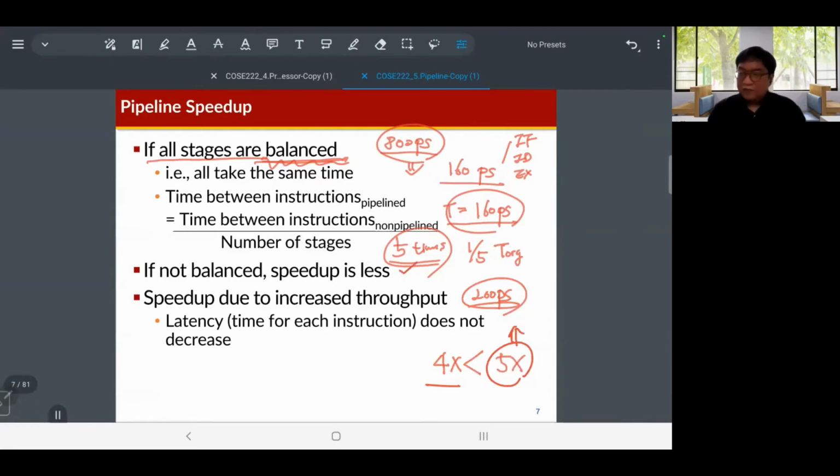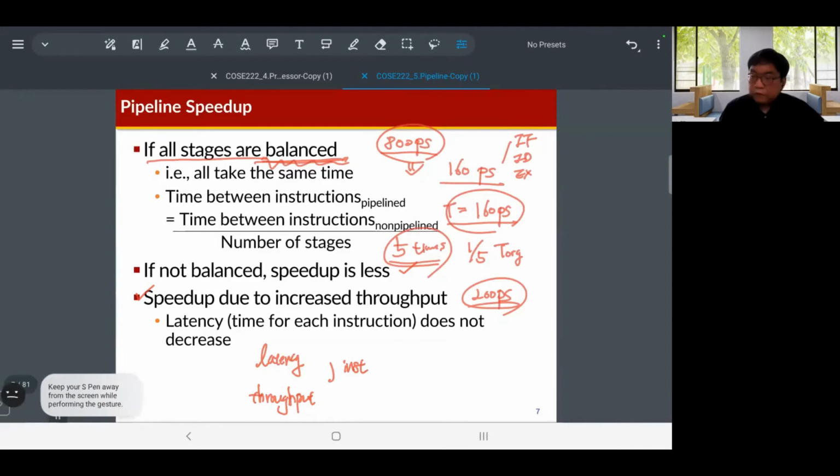So you need to know this pipeline architecture. And then also we need to distinguish the latency and throughput of instructions.